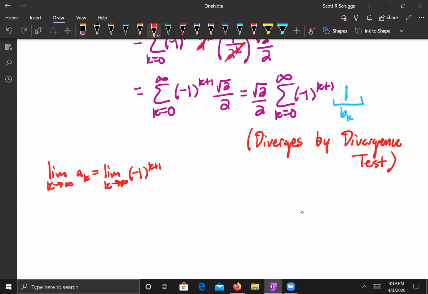And now this guy is going between positive and negative terms, but is not shrinking. So I claim that this limit does not exist.